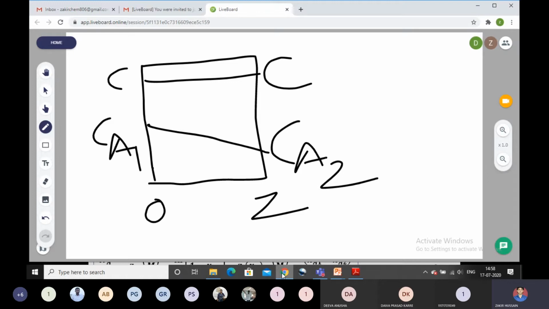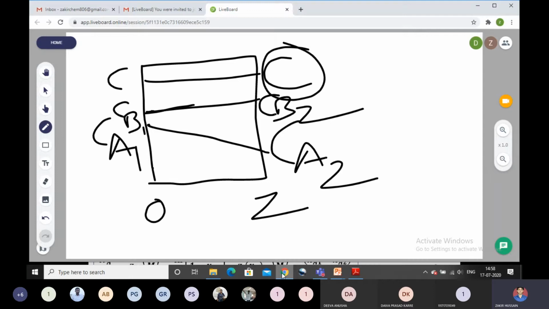So initially, if we consider this as Cb1, component B at the origin, then as Ca1 decreases, Cb will increase in order to balance the overall C. I hope this picture is very clear.